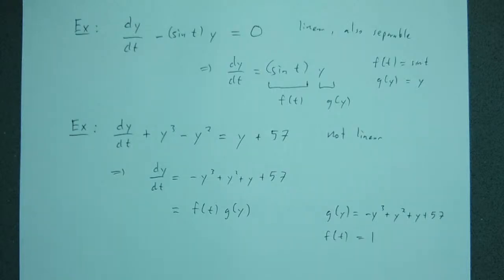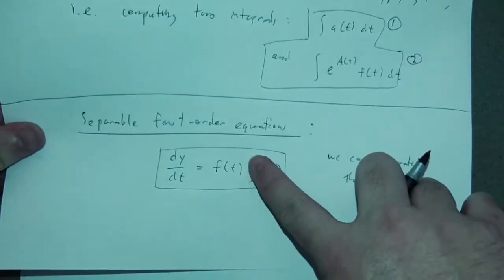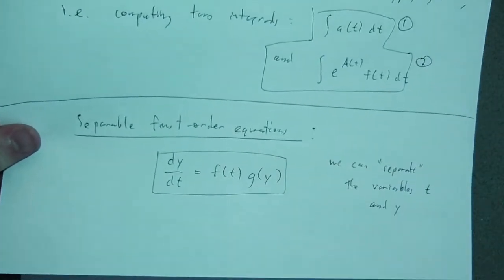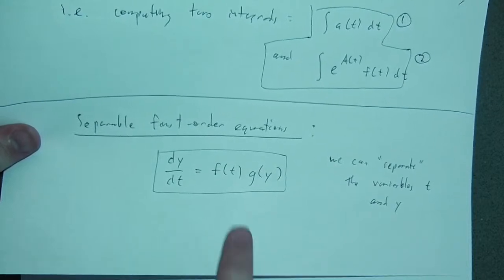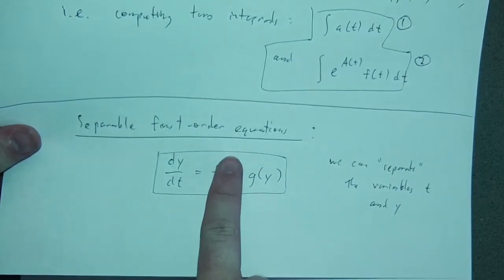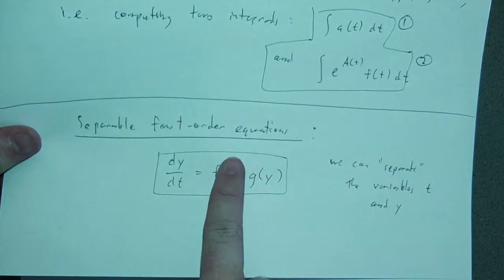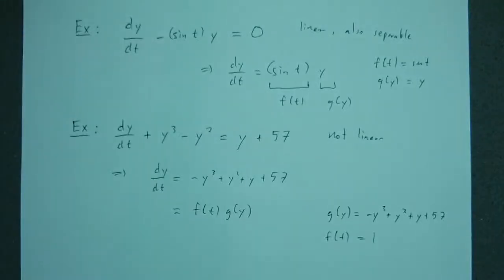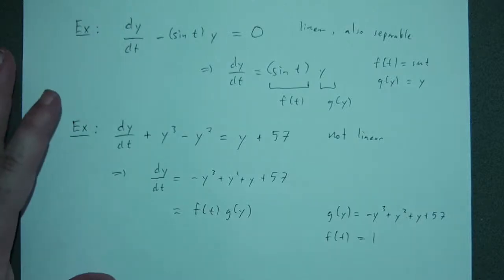Specifically, they could just be the constant 1. So for instance, explicit differential equations are examples of separable equations. Those are the ones where g of y is equal to 1. And what are called autonomous first order equations, which is when f of t is equal to 1, are also examples of separable equations.